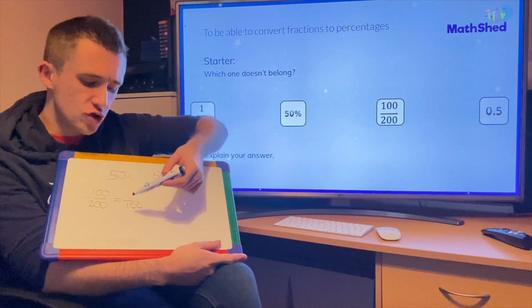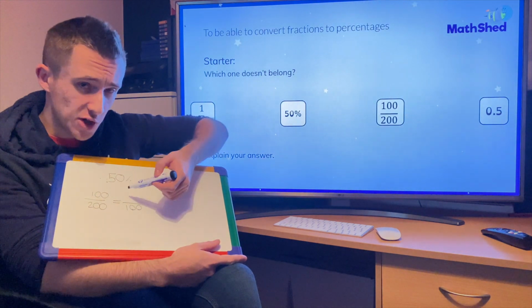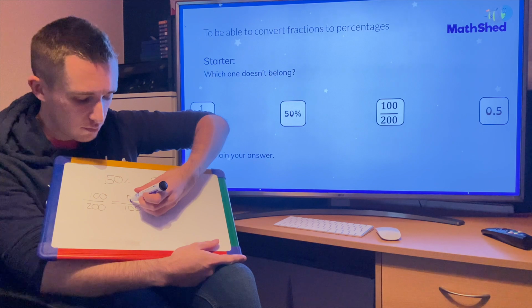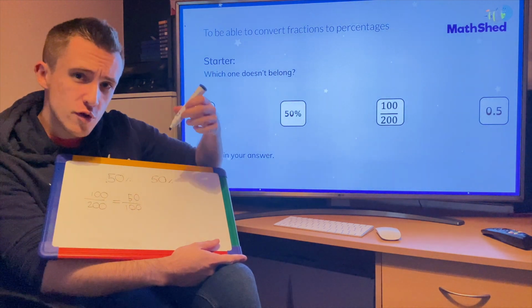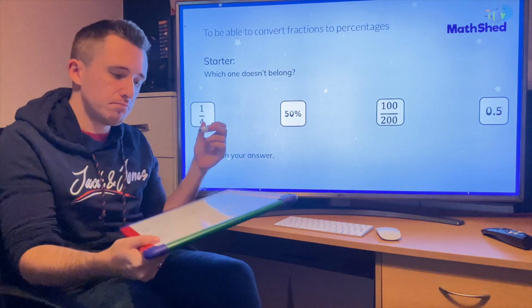How do I get from 200 to 100? I divide it by 2. I do the same to the top. So I've got 50 over 100, which is the same as 50%.